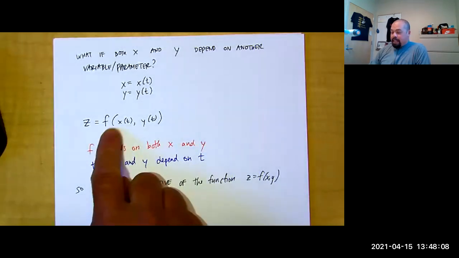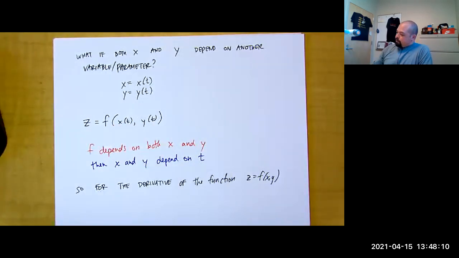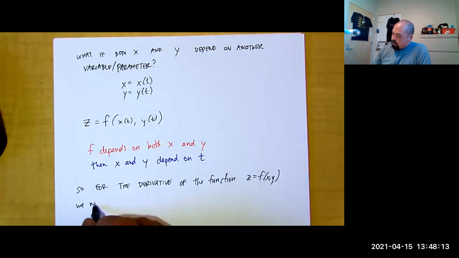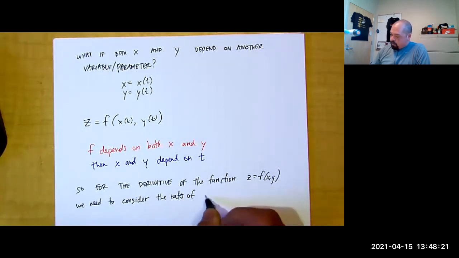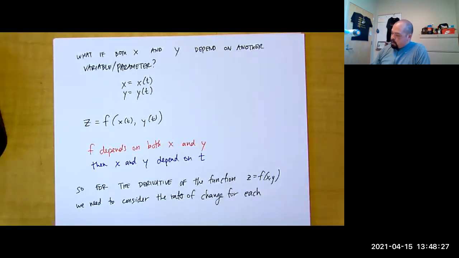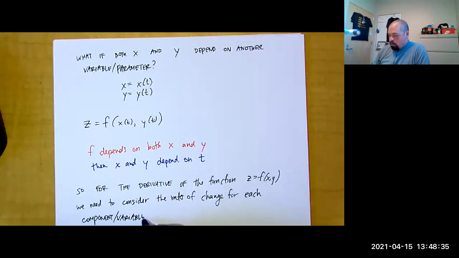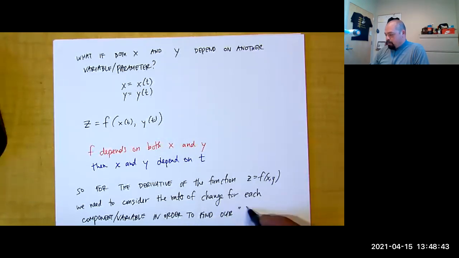If there's that further dependence, when you look at that derivative, we need to consider those rates of change for each component variable in order to find our, what I might call our full derivative.